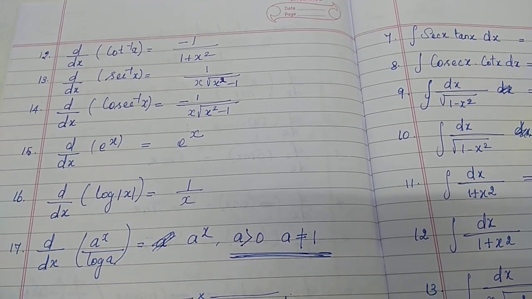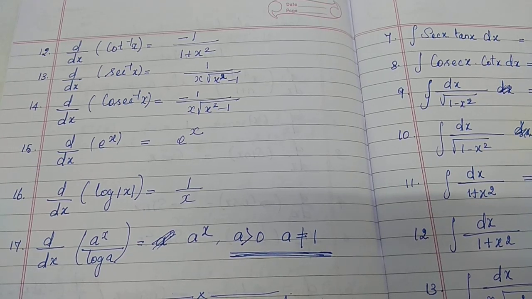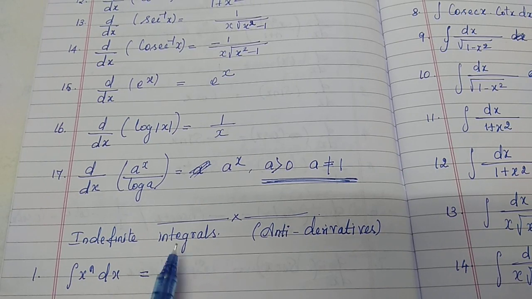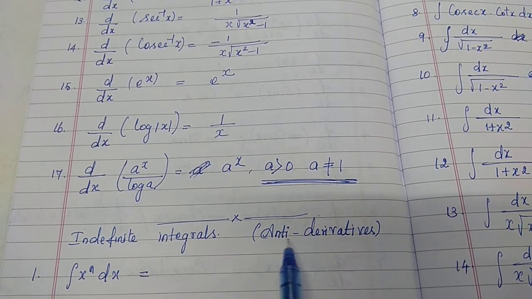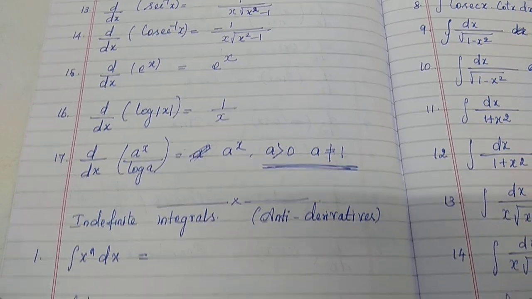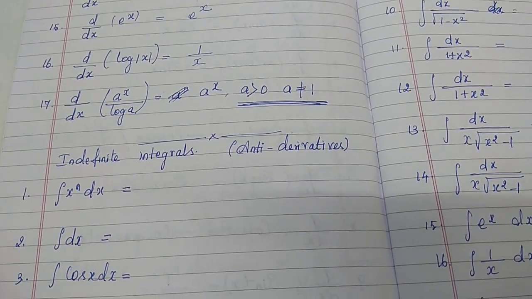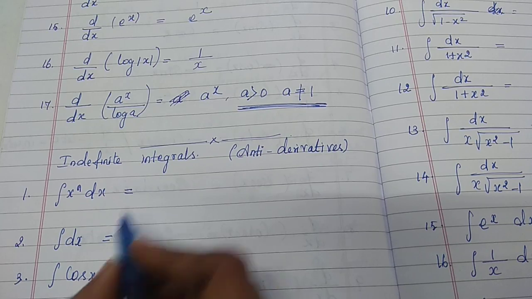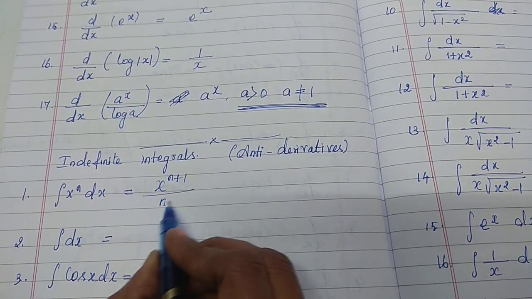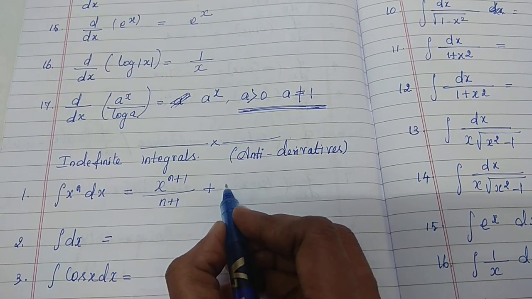Now we move to learn some important formulae in integrals, that is, antiderivative formulas. Number one formula is the integral of x power n dx is x power n plus 1 by n plus 1 plus c.